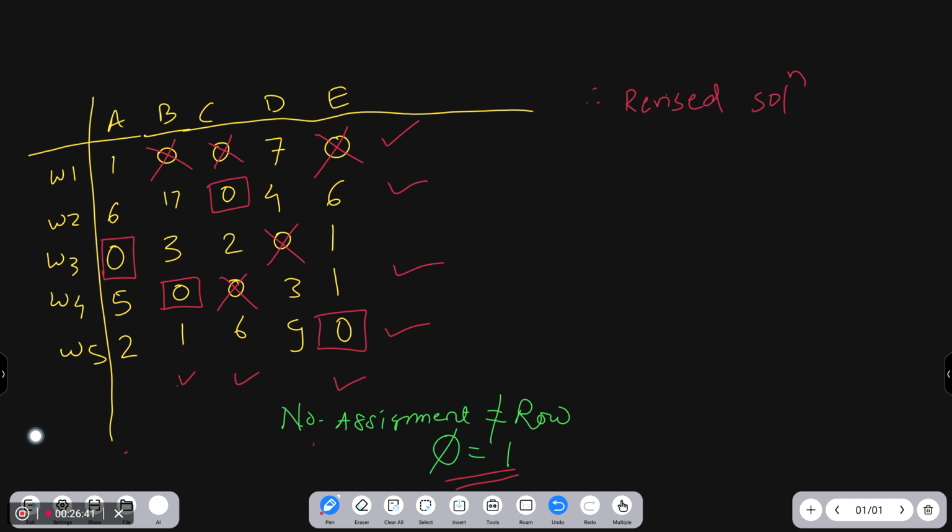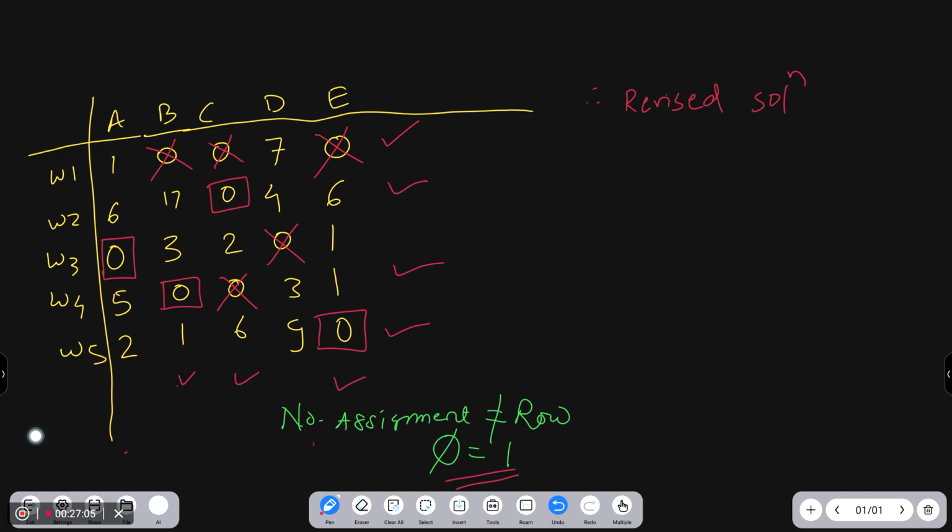Later on, how many zeros are there in that row? Yes, how many zeros are there? 1, 2, 3. You have to tick the 3 columns. Later on, if I take this column, is any assignable cell there? Yes, then tick that row.